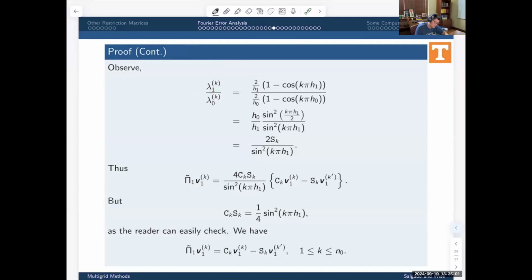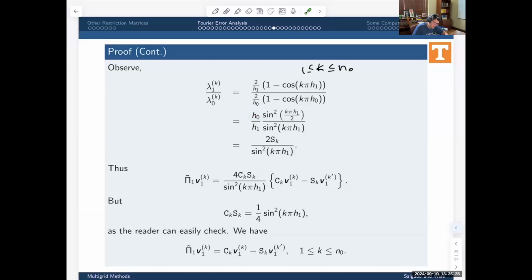That is, K here is between 1 and n0. So I get, is it 2 or, no, it's 4 times sine squared over h1, and I get sine squared of that argument times 4 over h0.